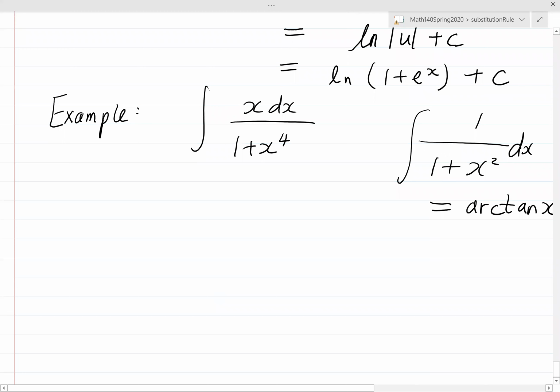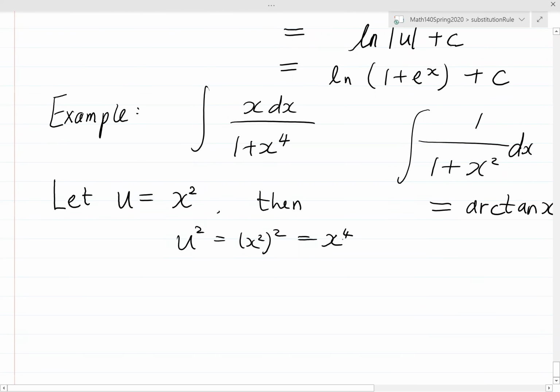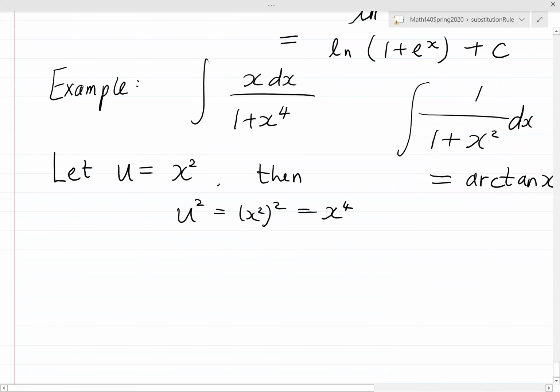Well, we just let u be x squared. Then u squared will be x squared squared, which is x to the power 4.